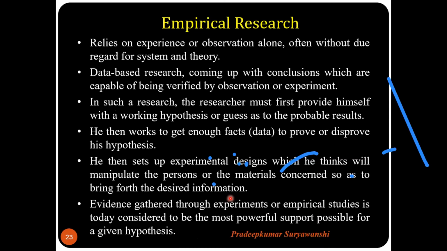Finally, we are at the last type of research, that is empirical research. It is also called experimental research, and this is a very important type of research. Why, I will tell you in the last statement, but I will take you through the slide here. Empirical or experimental research relies on experience or observation alone.